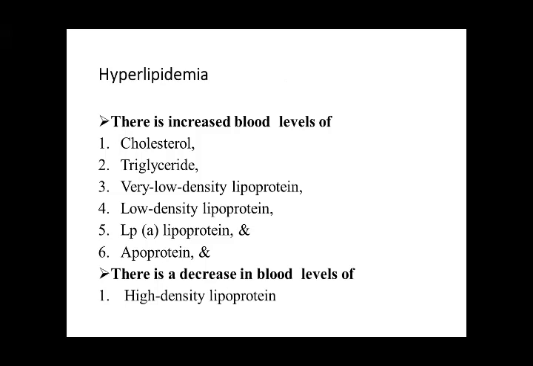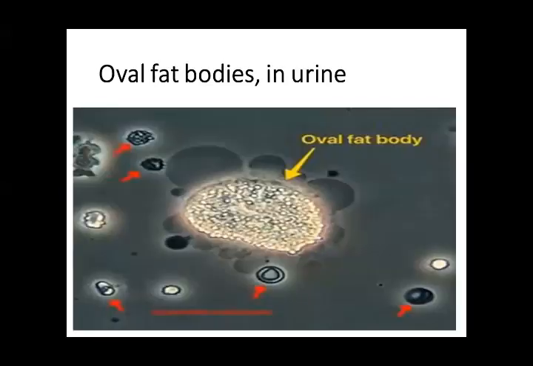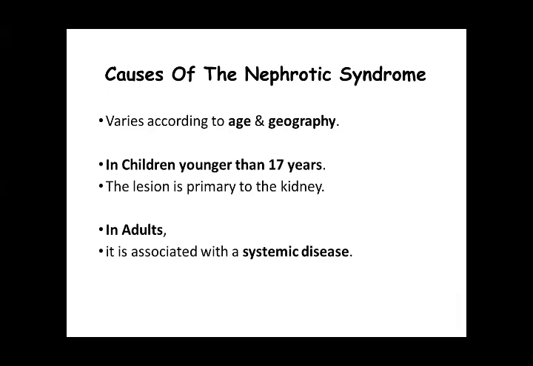All bad quality lipids such as cholesterol, triglyceride, LDL, VLDL, lipoproteins, and apoproteins are raised. There is decrease in the HDL. So what urine has is globules of fat like that. So that is what happens. And there is increased vulnerability to infection and thrombosis.